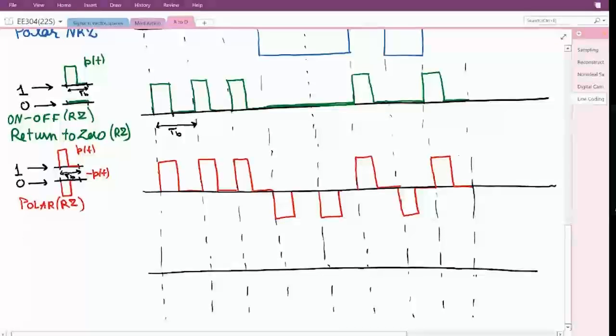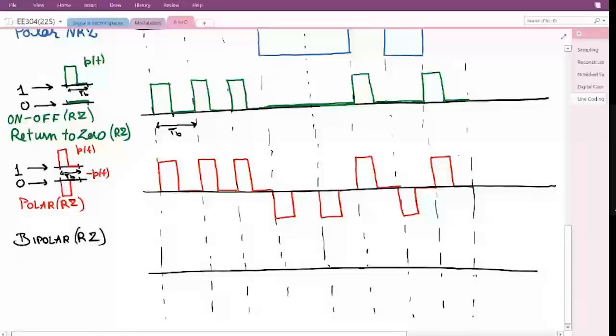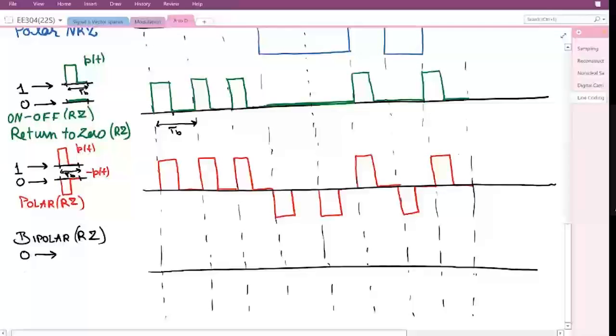And the way it is done is, this is polar RZ and this is bipolar RZ. For 0, we don't have any pulse. 0 remains at level 0. There is no pulse for 0.